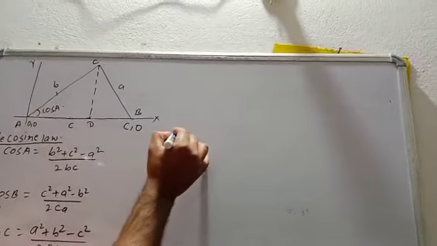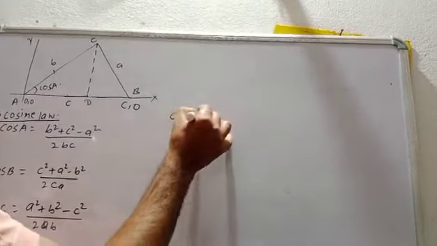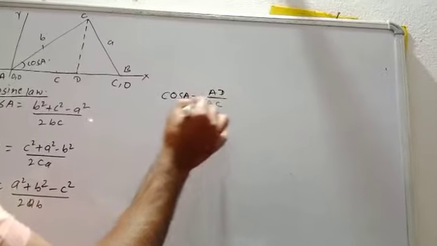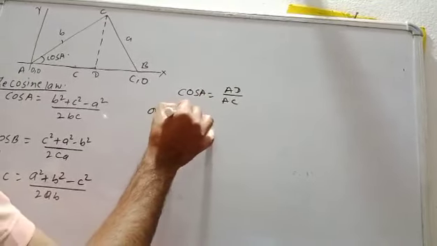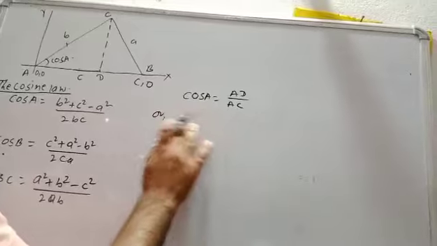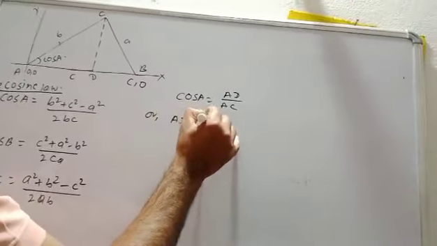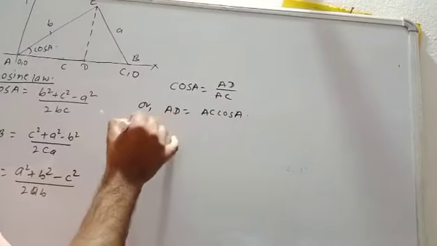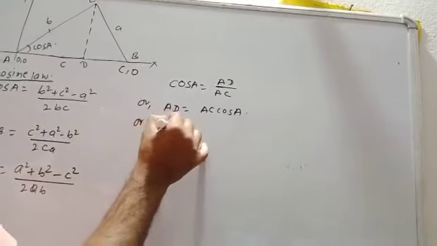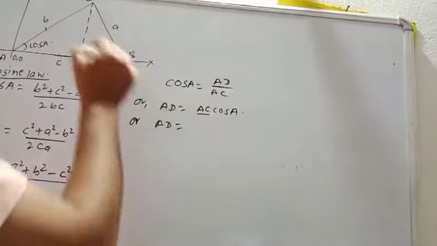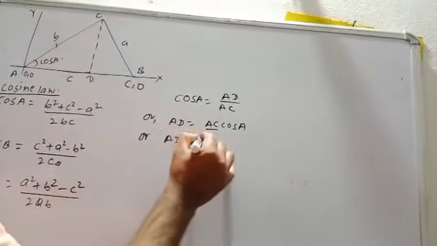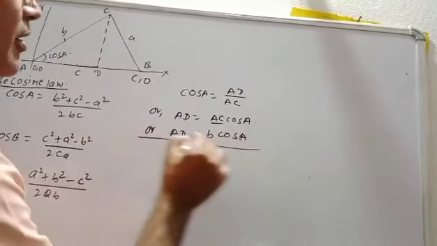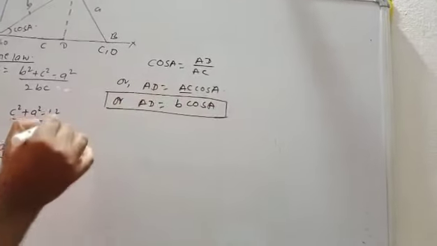Here cos A is equal to AD by AC, or AD is equal to AC cos A, that is, side b cos A. So AD is equal to b cos A.